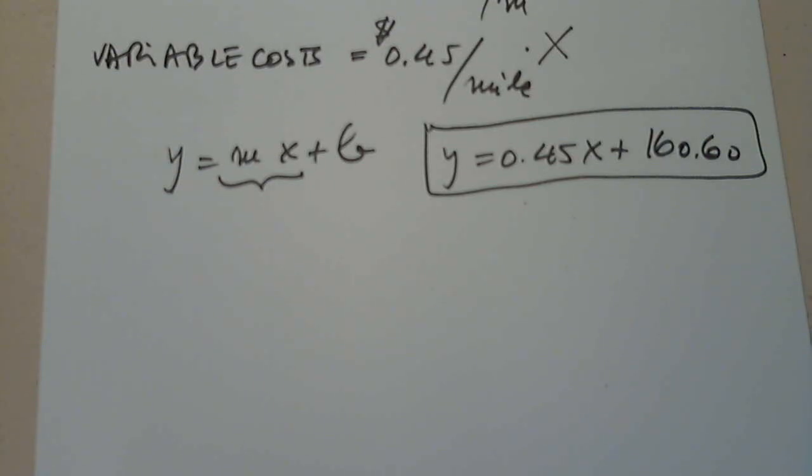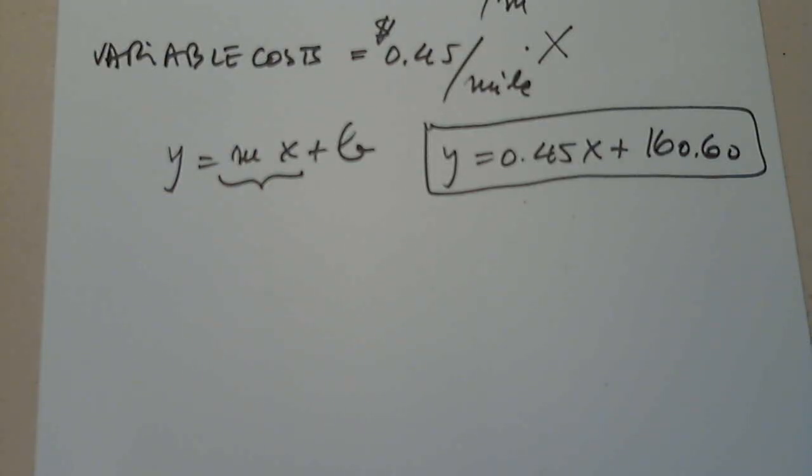Speed is a rate of change, miles per hour. But here, the cost is just in dollars. It's not given to us like this one, $0.45 per mile. Dollars per mile is a rate of change. It's a slope. It has a rise and a run. But this one does not. This is just a regular number. So the rate of change is absolutely not.